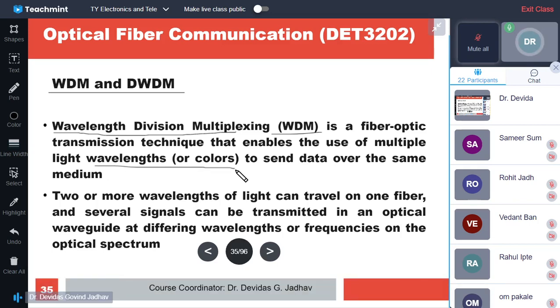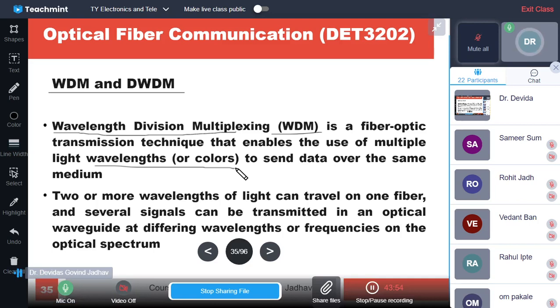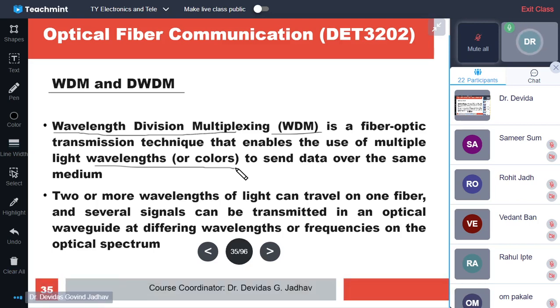Red has about 700 and violet about 400 nanometers. After red there is orange, yellow, green, sky blue, purple and violet. All these colors of light have different wavelengths, so we can name wavelengths as colors for our understanding.